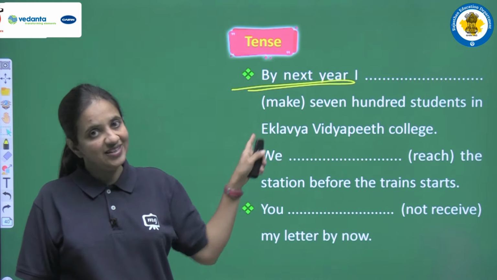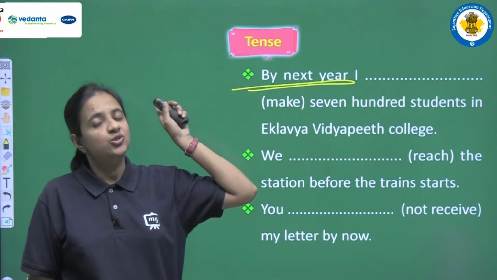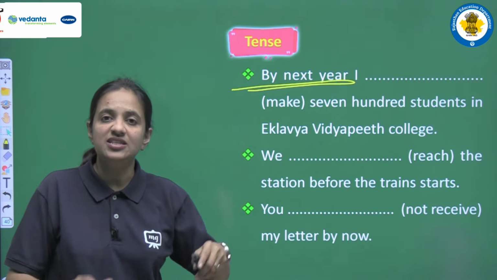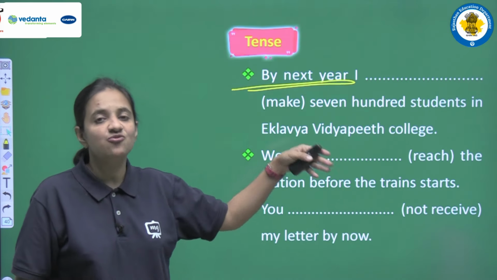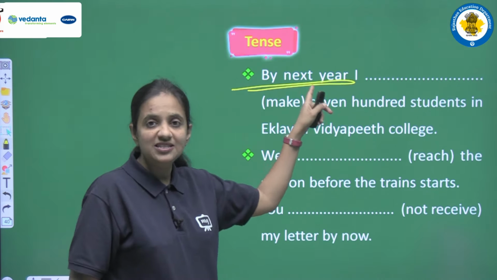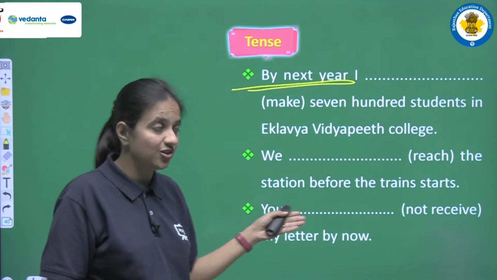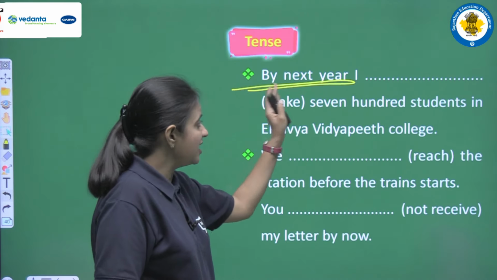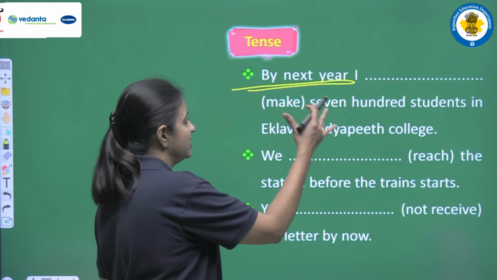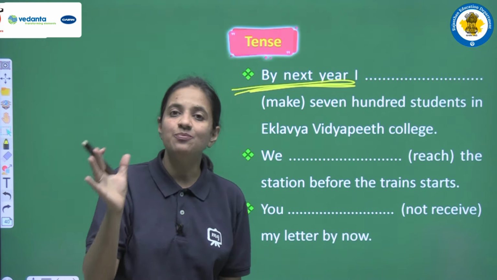No, this sentence actually starts with by plus time, right? This can also be the structure of the sentence, when we are having by plus time at the beginning of the sentence. This is also a correct structure. So we are having: By next year I make 700 students in CET GV College. We are having by plus future time, so this is future perfect tense.